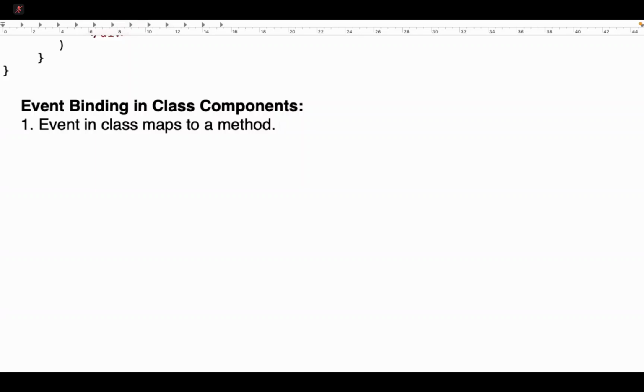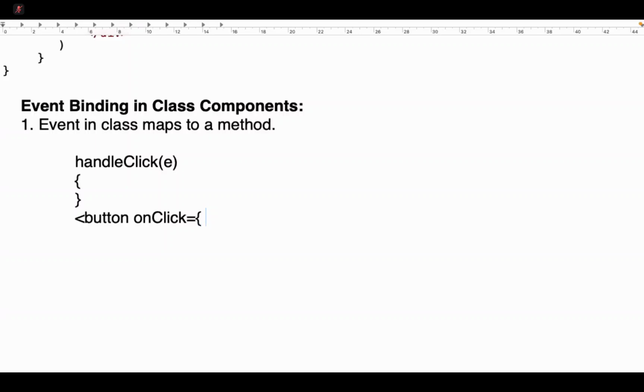Here we don't have functions. They will map to a method. And how do we write methods? You don't need any keywords or anything. Directly, something like handleClick. And the event argument is the same. There is no change. And how you bind this to any element, we have to use onClick.